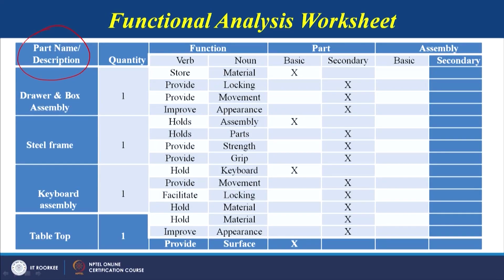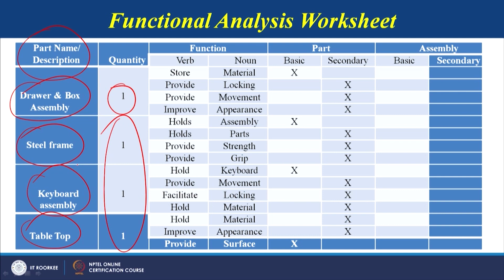So, now based on the functional analysis worksheet, as all of you know, the first thing is we try to list the part name and the description. The first thing is drawer and box assembly, the quantity is 1. Similarly, steel frame, as we have seen, the cross section was also mentioned in the previous slide. Then there is a keyboard assembly, then there is a tabletop, the quantity remains 1.